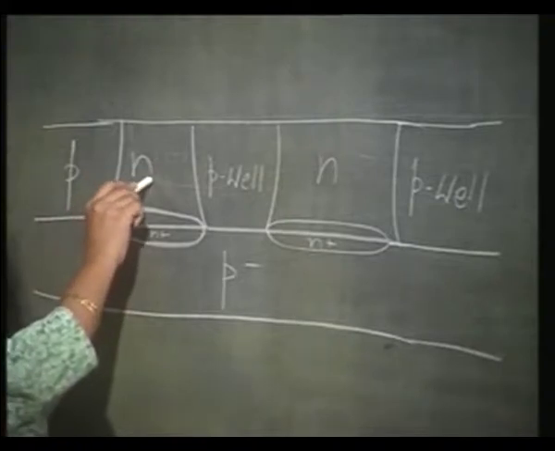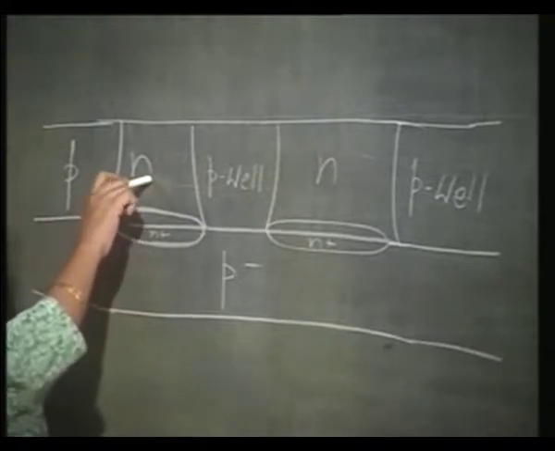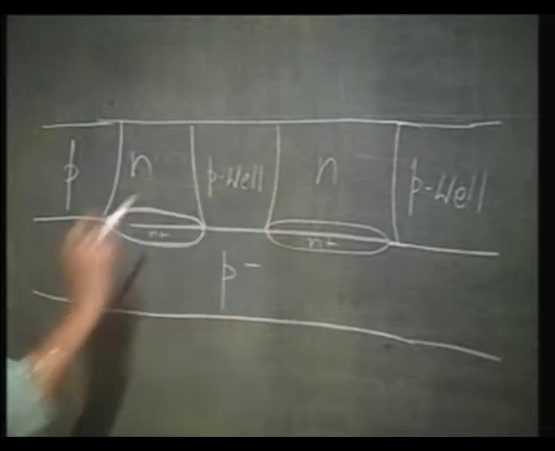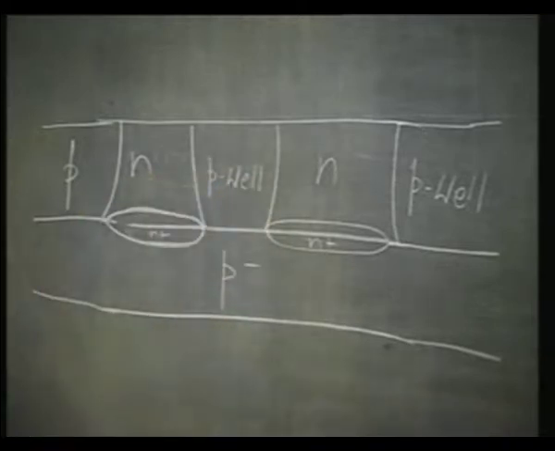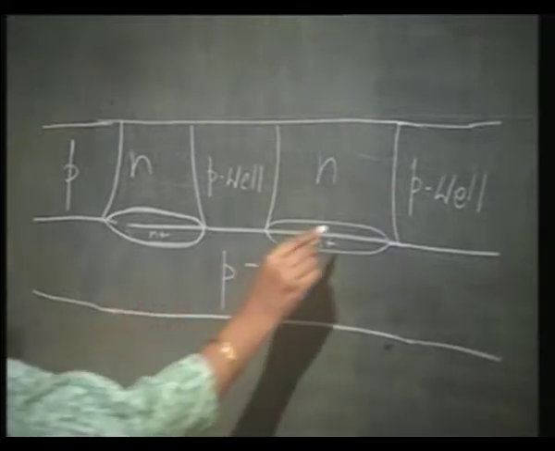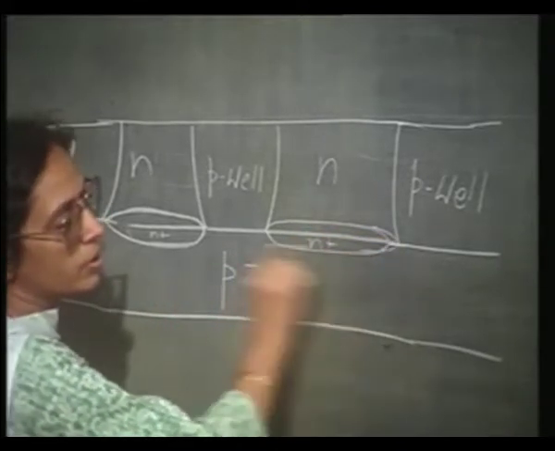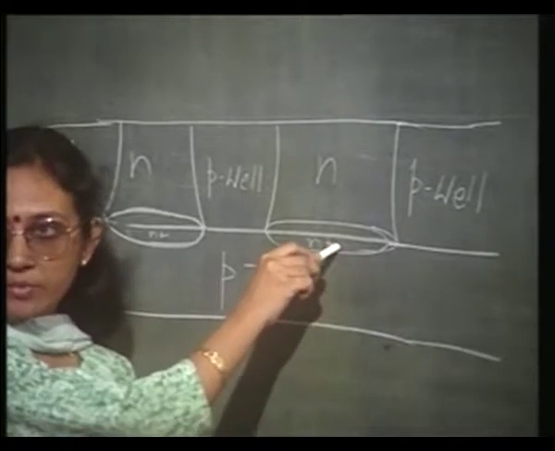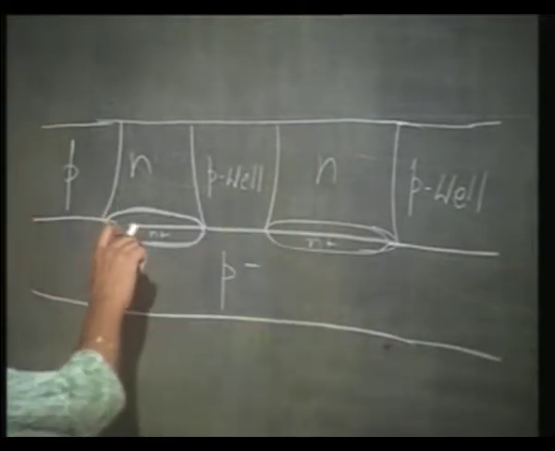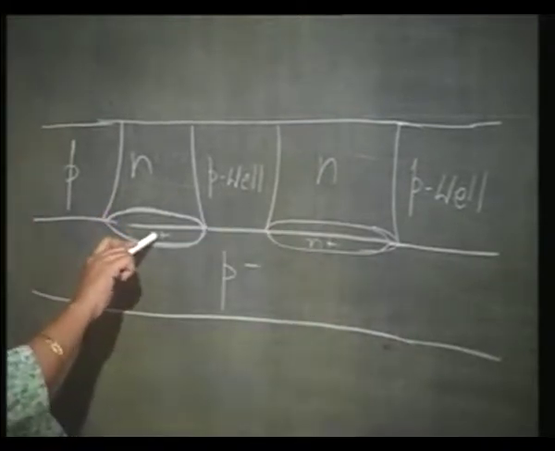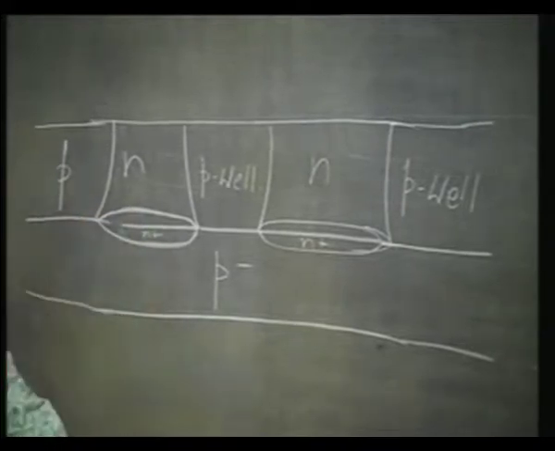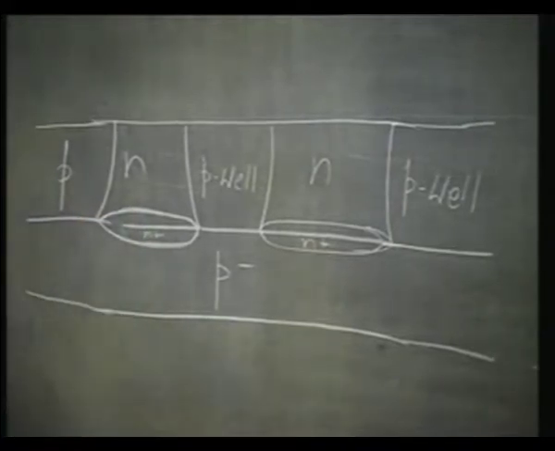This N region can house the PMOS device, this N region can house the NPN transistor, bipolar NPN transistor, and I have the buried layer which is going to cut down the collector resistance for the bipolar junction transistor, and this buried layer is going to cut down the substrate resistance to suppress or prevent the latch up problem. Okay.